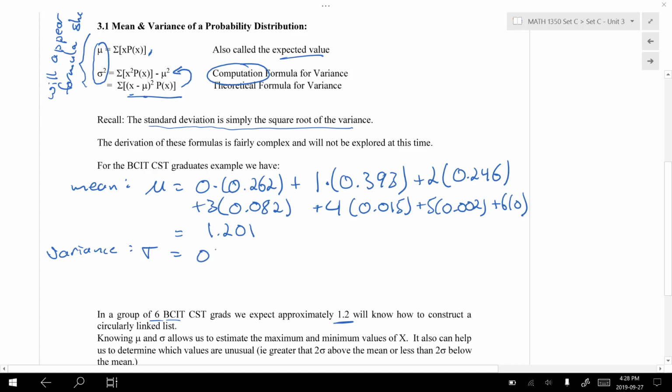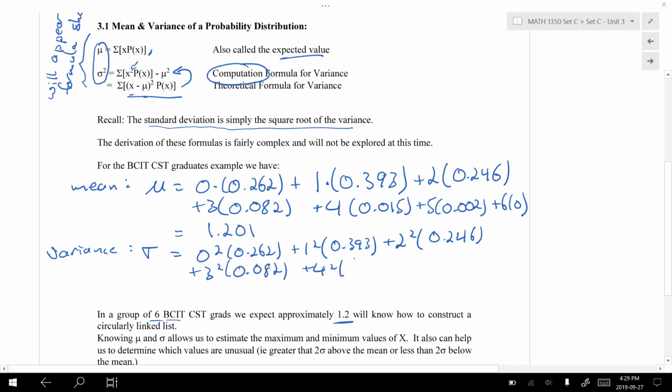So it's similar to before. We can take all of the x's and square them and multiply them by their corresponding probabilities. So it's looking a little bit like the line above, just with some squares. 0.082, 0.015, 0.002, and finally 0.